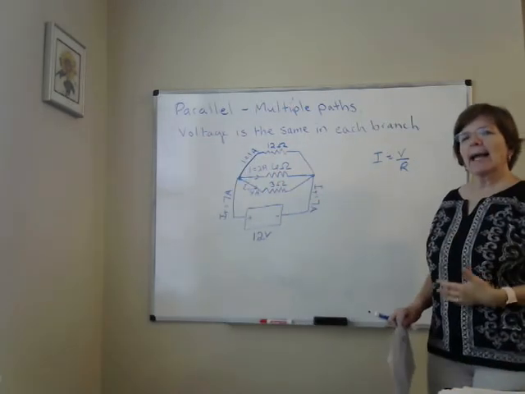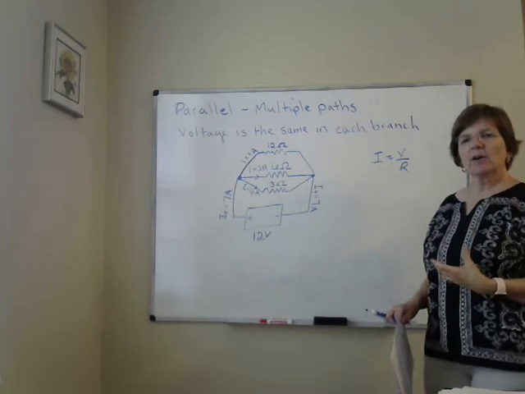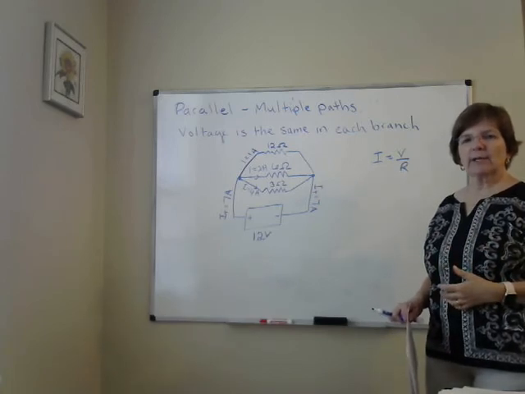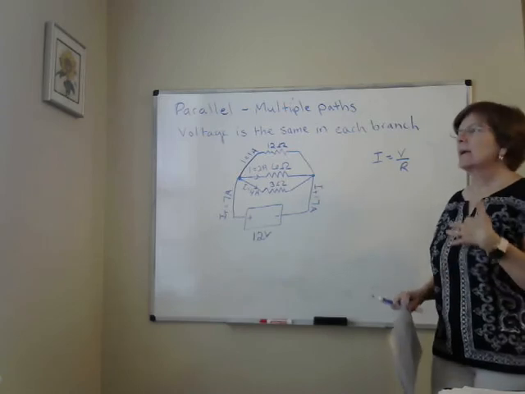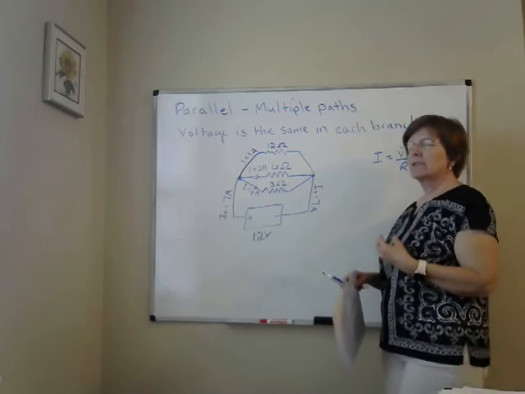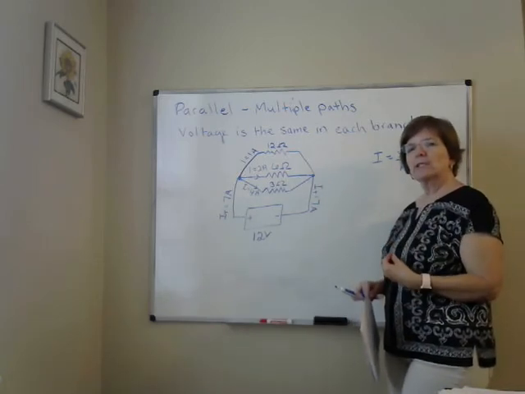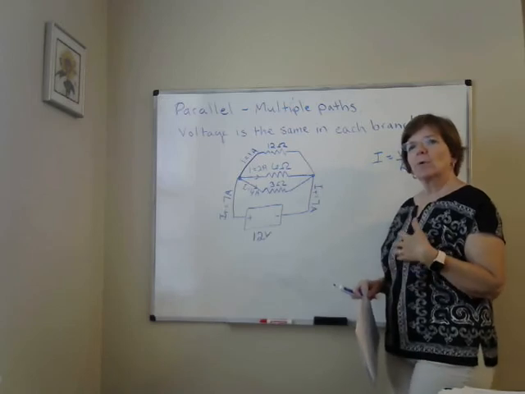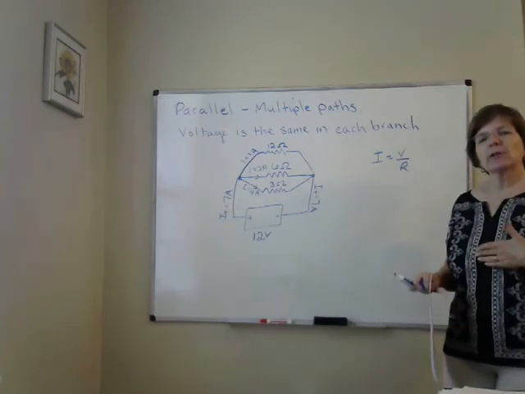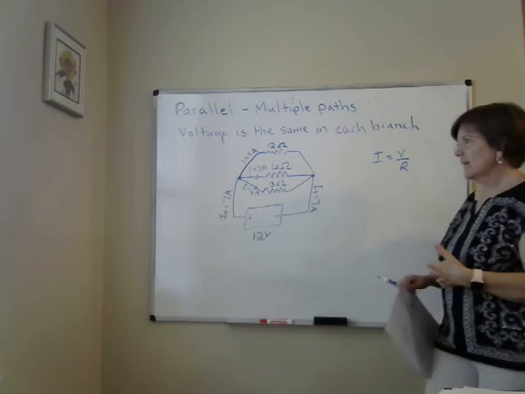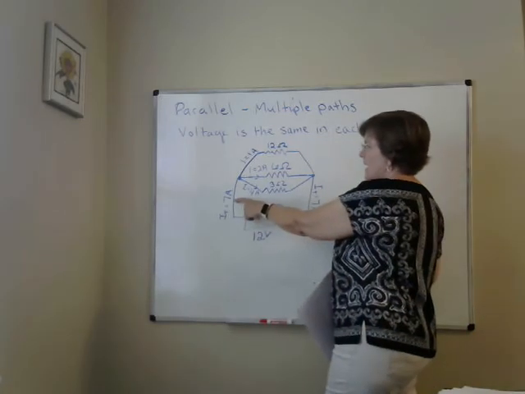Every time I add another path, more current has to leave the battery. In fact, one of the reasons that we have circuit breakers and fuses in our house is when we're wired in parallel, if we turn on too many things, this current can get too high.